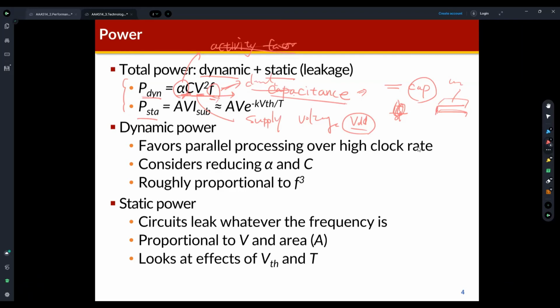I also said that the power constraint is very critical for processor design, because power consumption determines the running cost of the processor. Also, the power consumption decides the manufacturing cost of a processor.